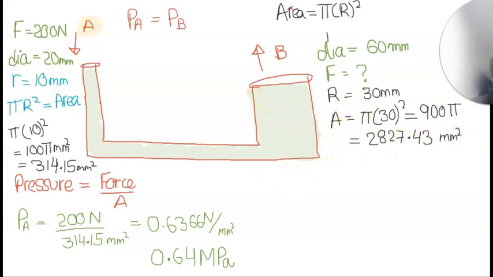Now I'm just going to use Pascal's law again for this side. I know the pressure, which is this law, force over area. So I will write down pressure at B is equal to force at B over the area at point B. Now I know pressure at B is the same as pressure at A, so I can use this value for the pressure, which is much more sensible because I don't have to convert back.